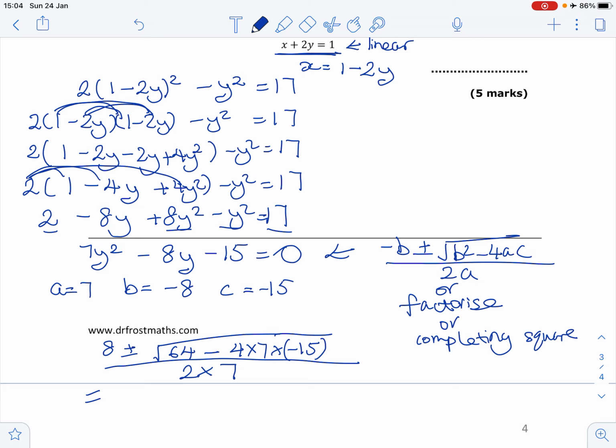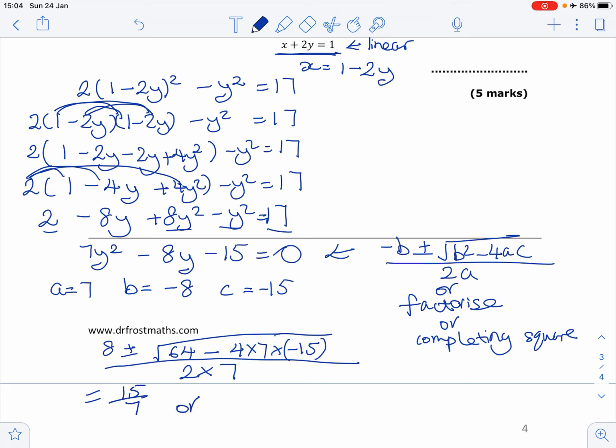Then just type it into your calculators. You should have 8 plus 64 minus 4 times 7 times minus 15 divided by 2 times 7. So one of your solutions should be 15 over 7.